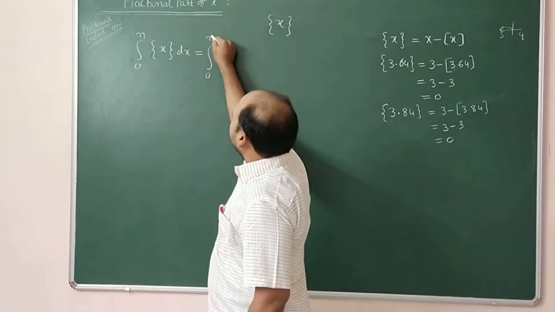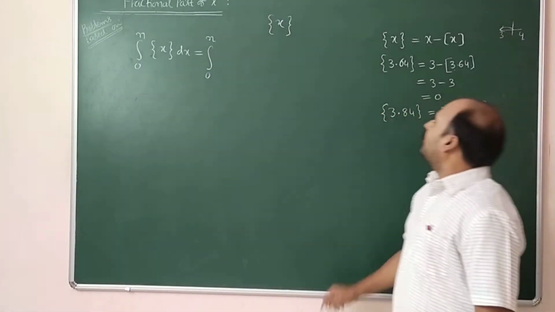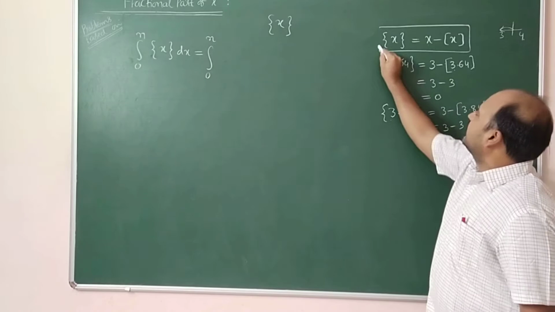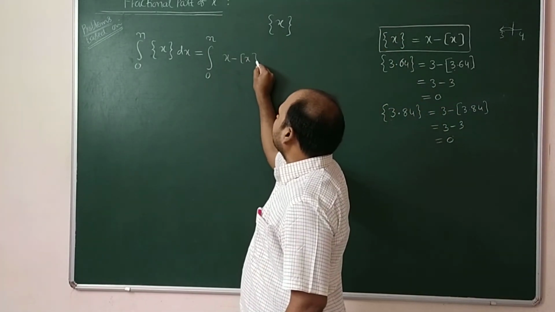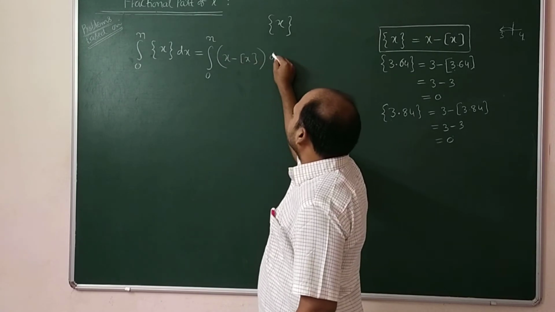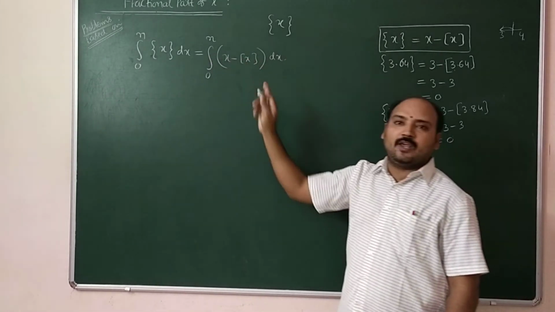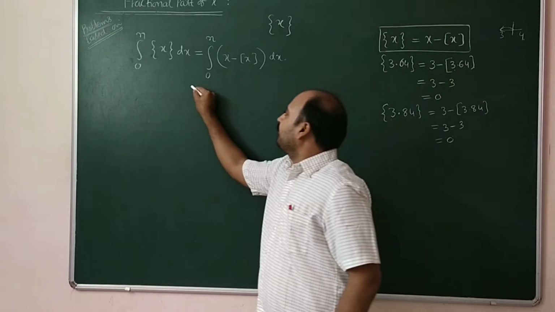Integral 0 to n, in place of the fractional part of x, we have to replace it with this value: x minus step x into dx. Now integration you have to apply for each and every term.